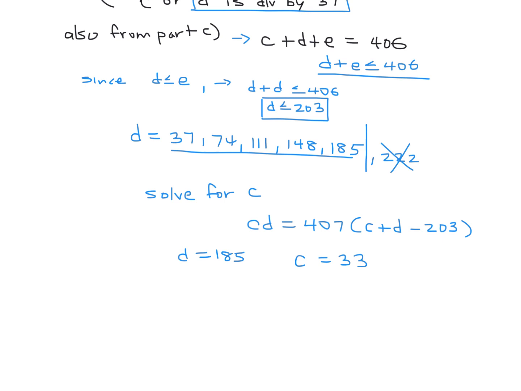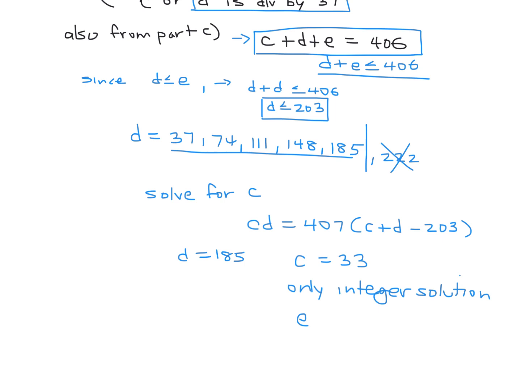And interestingly, this is the only integer solution. So it kind of saves us some time. And then we can use this one to solve for E. And when you do, you get E equal to 188. So our only triple, CDE, is 33, 185, and 188.